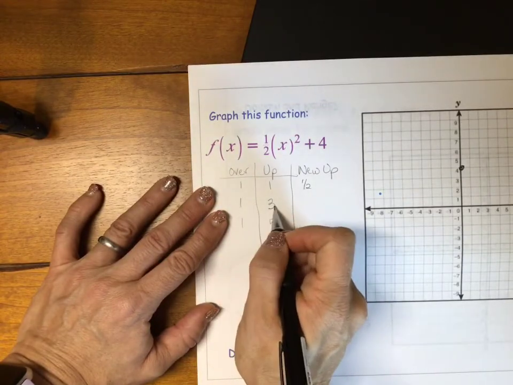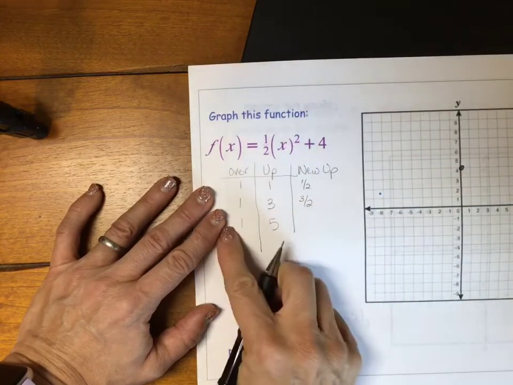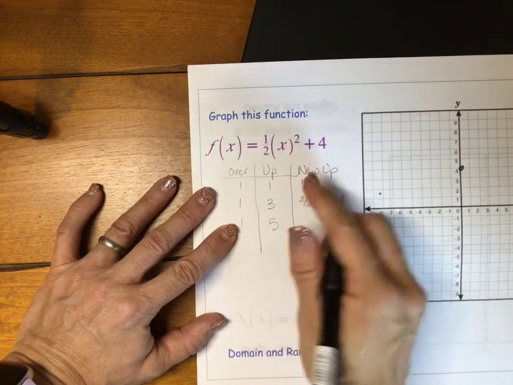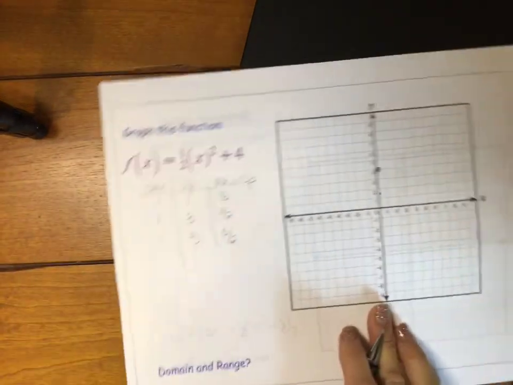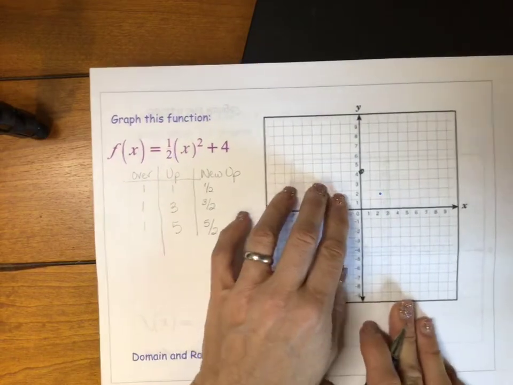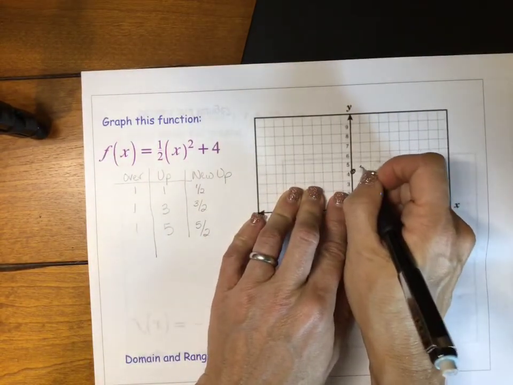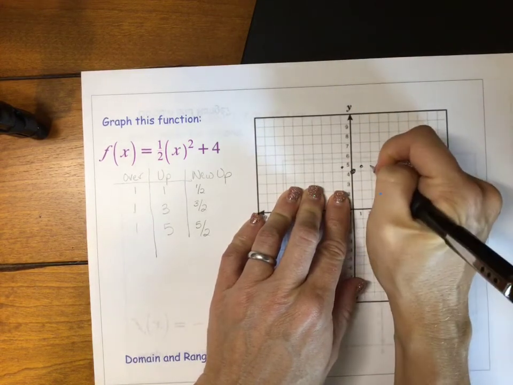Over 1, instead of up 3, 1/2 times 3 is 3/2. Instead of over 1, up 5, I'm going to take 5 times 1/2, up 5/2. This one is a little harder to show. So I'm going to go over 1, up 1/2. Over 1, up 3/2.